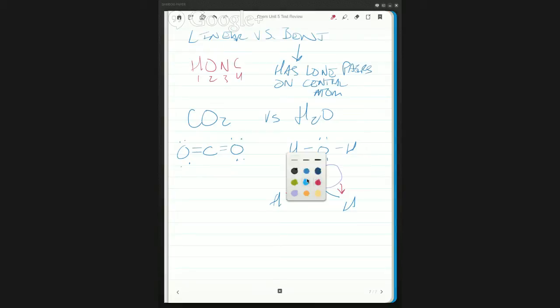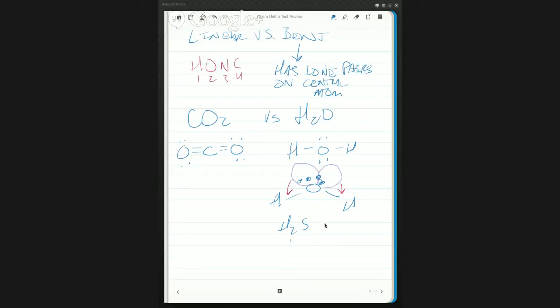So as soon as you get lone pairs on the central atom, it's going to be bent, or it could be trigonal pyramidal if you only have one, like you have NH3. But that's how you would do it. And that's for H2O. The other examples are you're going to have H2S.